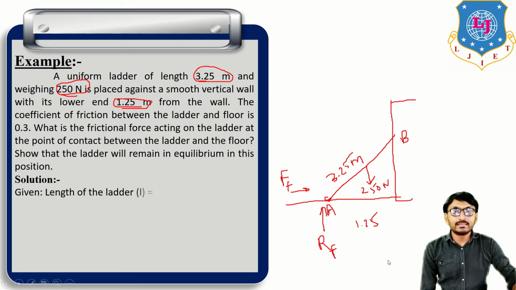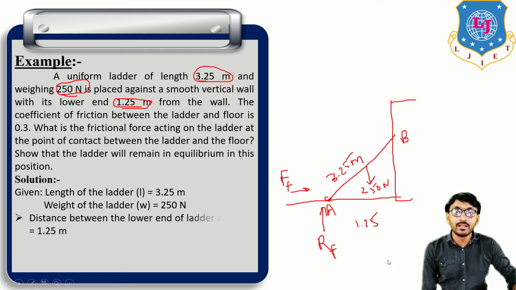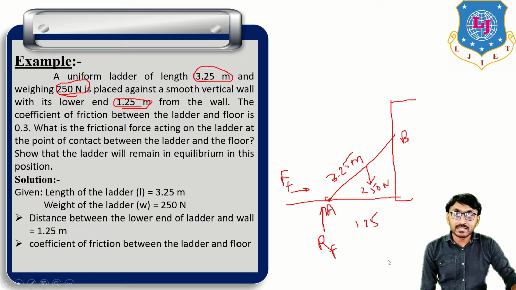Given data: length of ladder 3.25 meter, weight of ladder 250 Newton, and distance between lower end of ladder and wall 1.25 meter. The coefficient of friction between ladder and floor is mu F equal to 0.3.